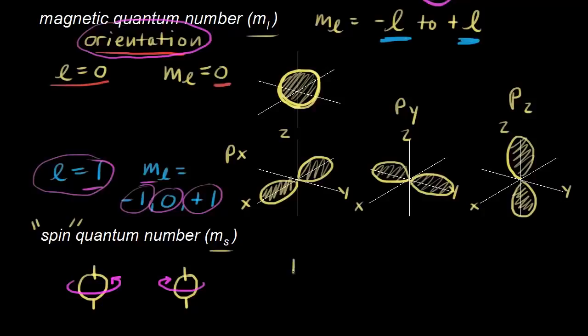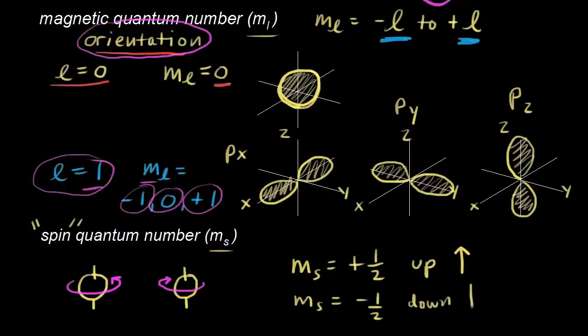You could spin one way, so we could say the spin quantum number is equal to positive 1/2. Usually you hear that called spin up, and we'll symbolize this with an arrow going up in later videos. The other possible value for the spin quantum number is negative 1/2. You usually hear that referred to as spin down, and you could put an arrow going down.